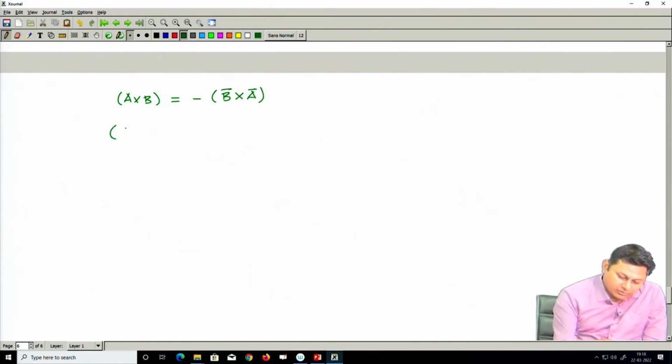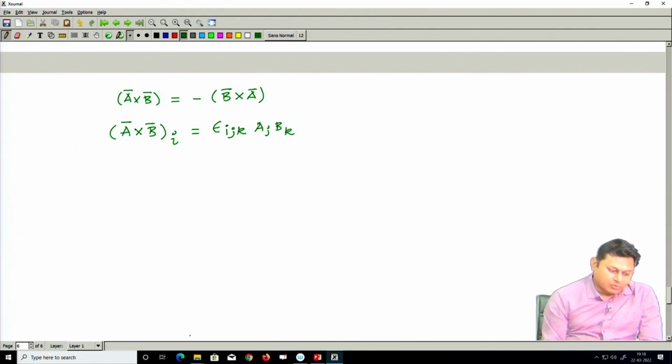Now we are going to prove this using the Levi-Civita symbol. So, A cross B, I need to put the vector sign here, the ith component is simply epsilon ijk A j B k. That is the way one can have it.